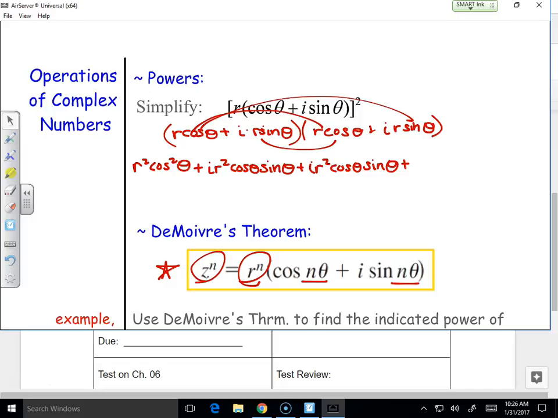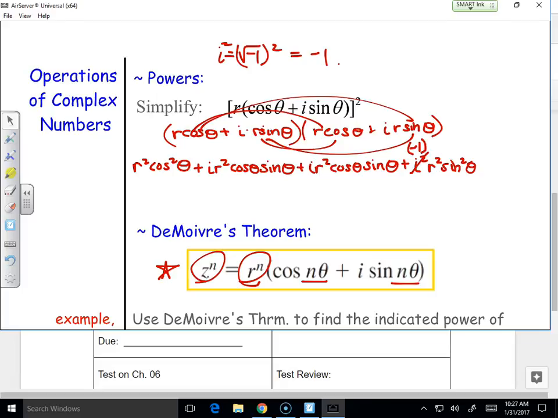We have first, outer, inner, and now it's time for last. I get i squared, because remember, i is equal to the square root of -1. If you square that, it ends up equal to -1. So can I change it to be -1?